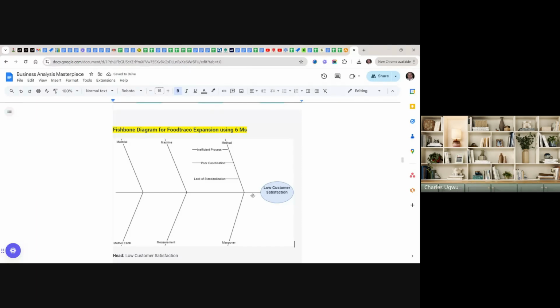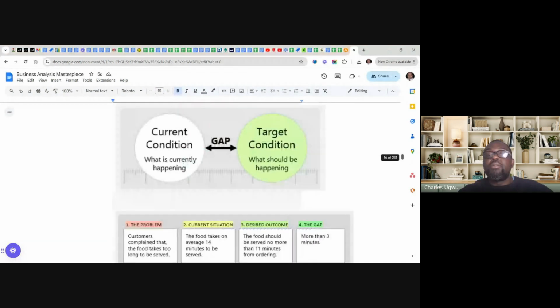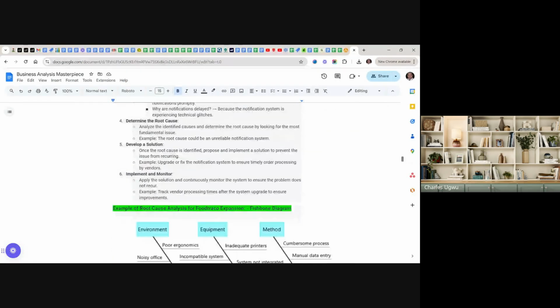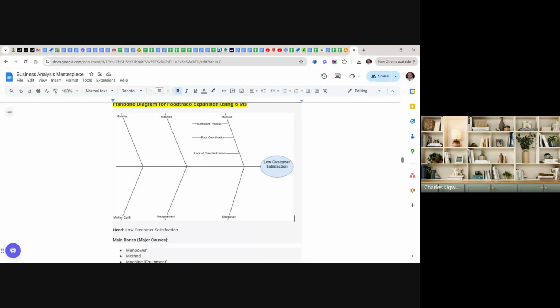So this is, help me fill up the other part of the root cause fishbone diagram, and you submit. I said I'm going to create a group on Facebook where we'll be submitting all this.